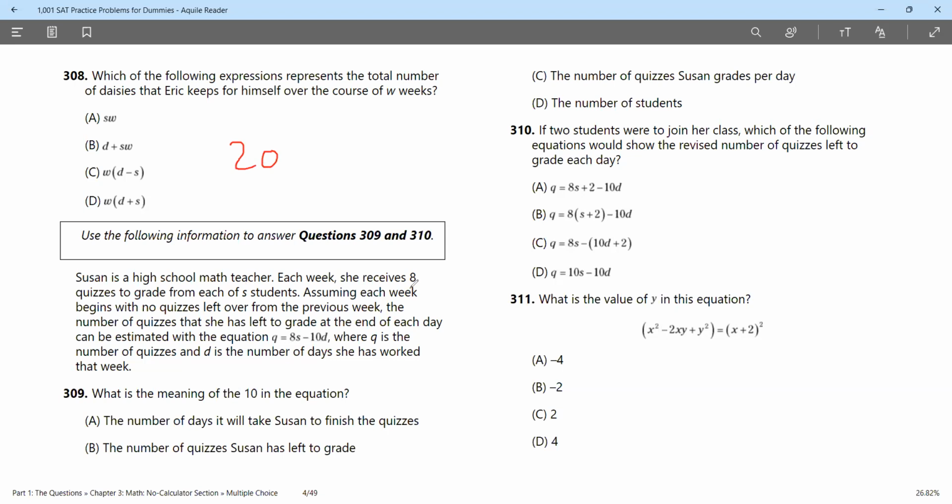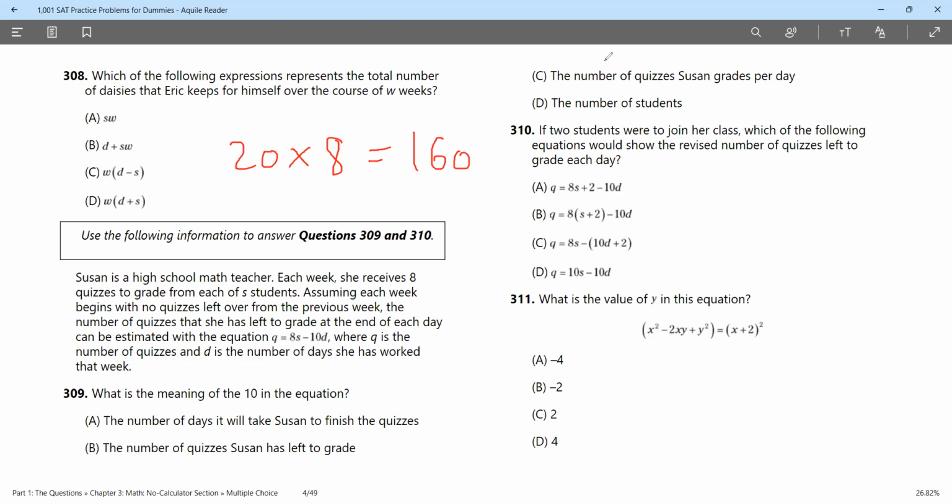So how many quizzes in total does she have to grade? It will be 20 times 8: 8 quizzes per student, and 20 is the number of students. So she will have to grade 20 times 8, which is 160 quizzes. This is just an example to understand what is coming next.